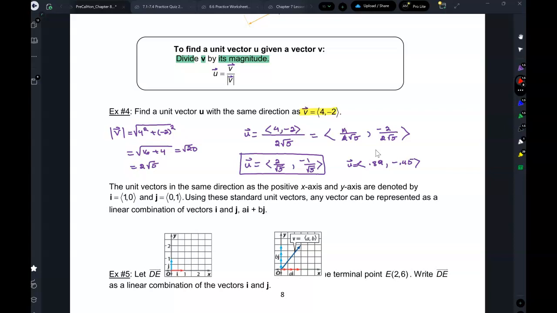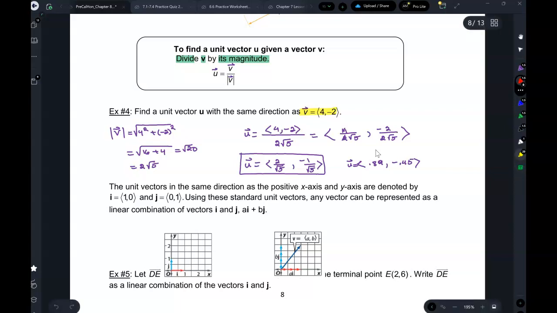Now, this unit vector, we said, points in the same direction as v. However, we can have unit vectors pointing in any old direction. And we're now beginning to figure out that vectors that are purely horizontal or purely vertical are special beings. And the unit vectors that are purely horizontal and purely vertical are also special beings.